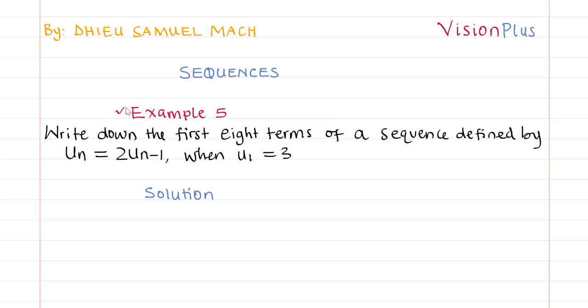Number 5, under sequences, write down the first 8 terms of a sequence defined by un equals 2 un minus 1 when u1 is 3.